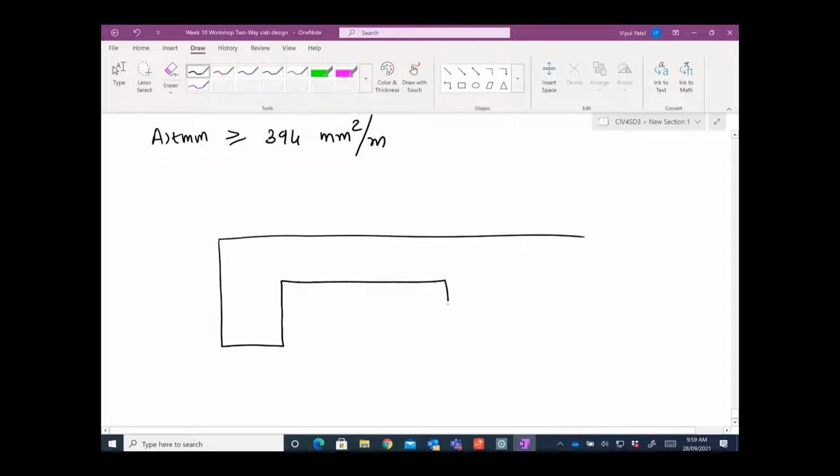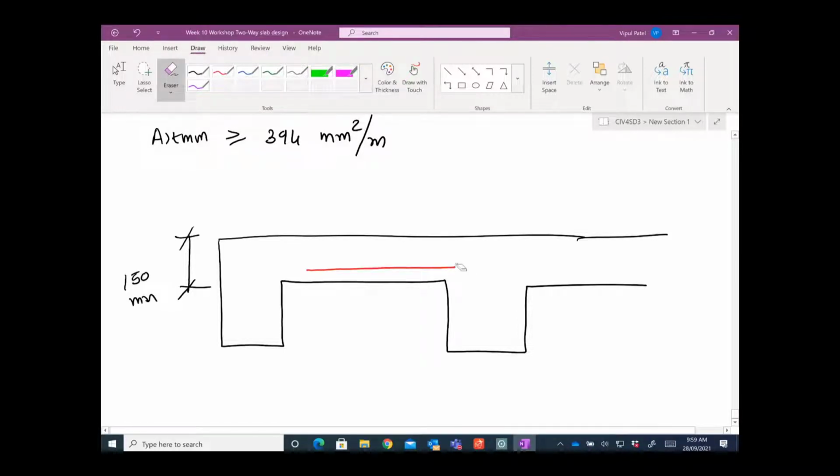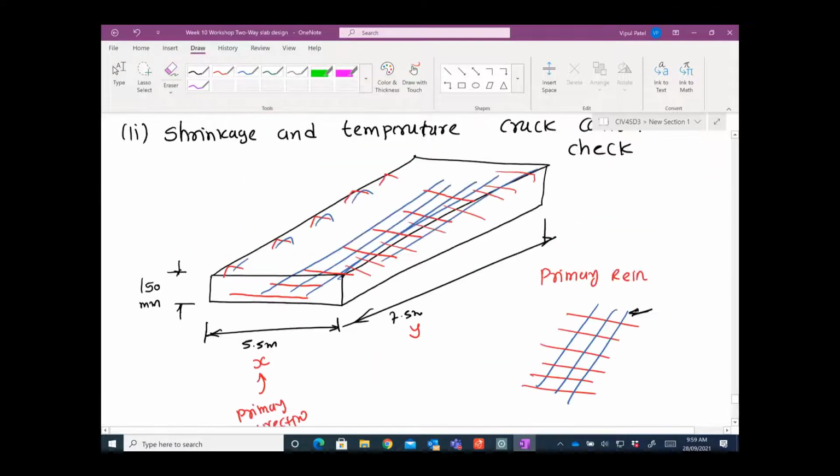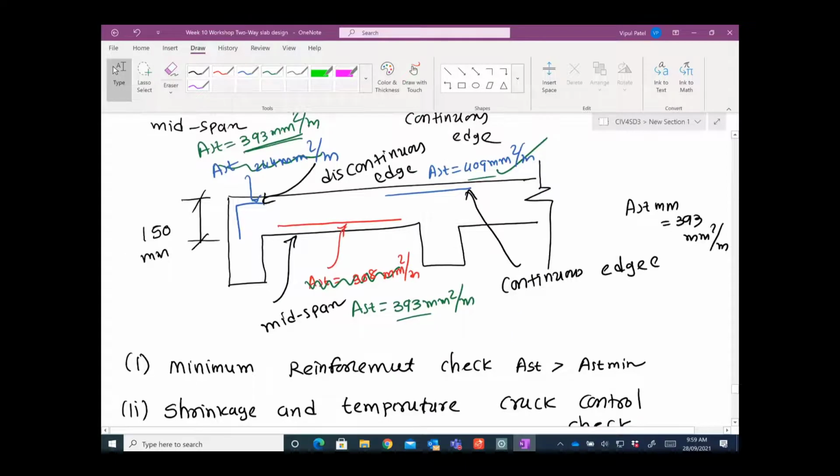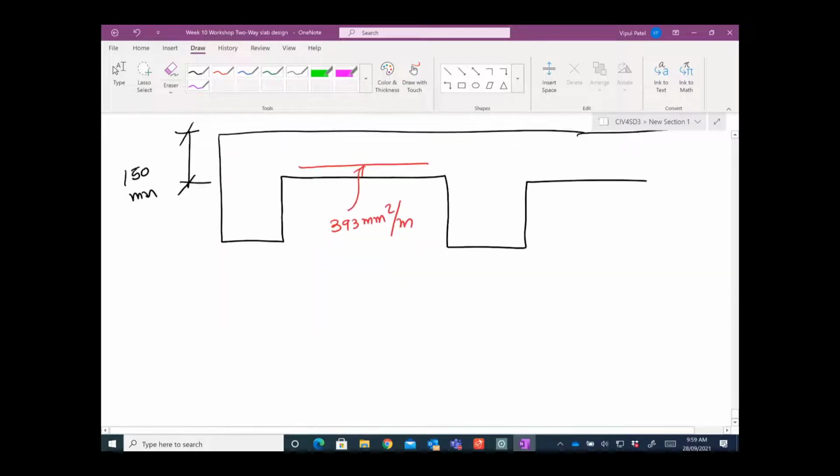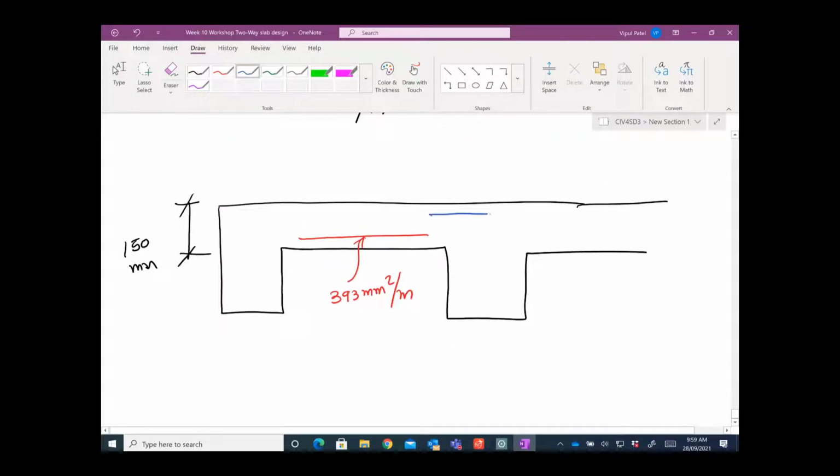The revision means that we have final values. You have 150 millimeter depth. We have a bottom reo, which is 393 millimeter square per meter, because we changed it, right? Yes, we changed it. 409, we did not change because that is greater than this one.